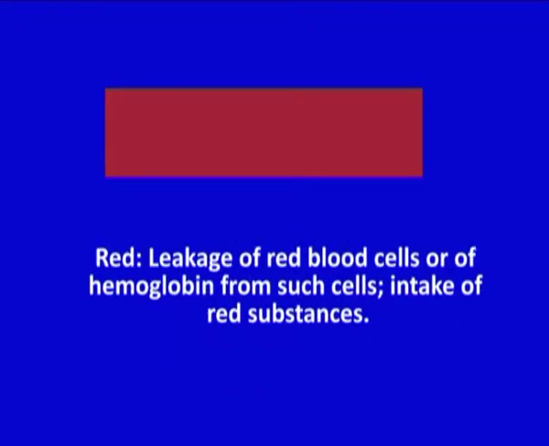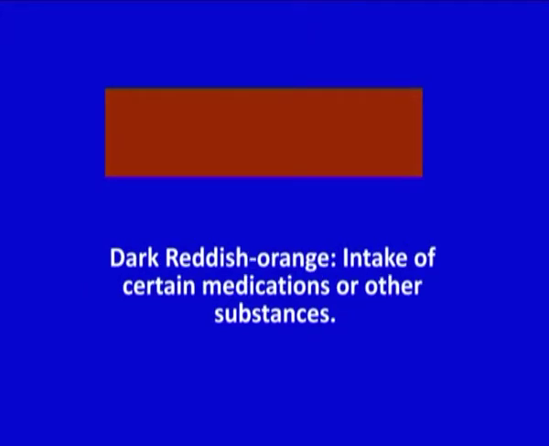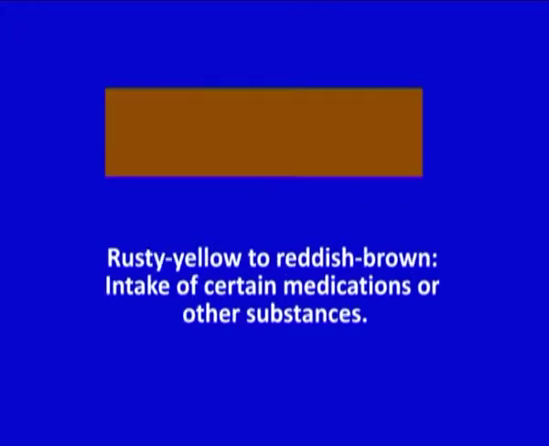Red: leakage of red blood cells or of hemoglobin from such cells, or intake of red substances. Dark reddish orange: intake of certain medications or other substances. Rusty yellow to reddish brown: intake of certain medications or other substances.